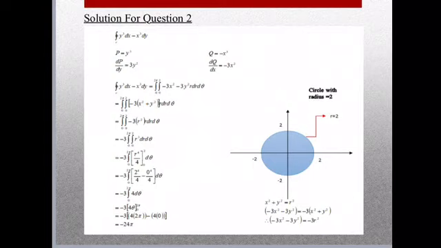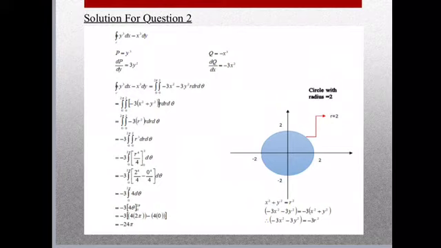As you know from the question, it is a circle with radius 2, so we can already know the limits for dr and d theta.